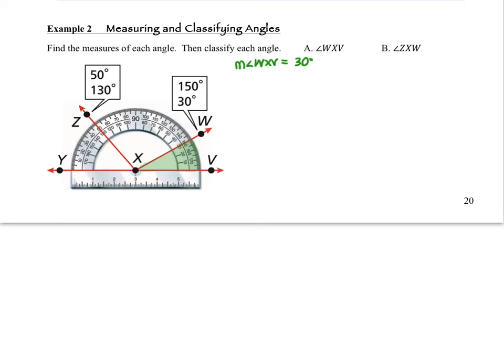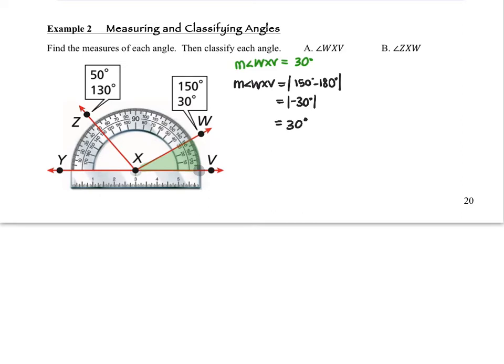So in that case, we would say the measure of angle WXV is equal to the absolute value of 150 degrees minus 180 degrees, which is the absolute value of negative 30, which is 30 degrees. So we get the same answer both ways.